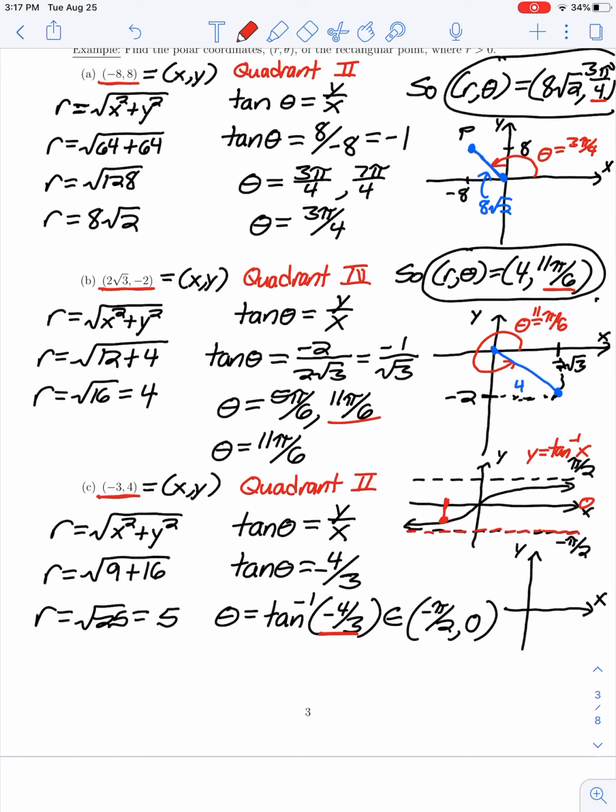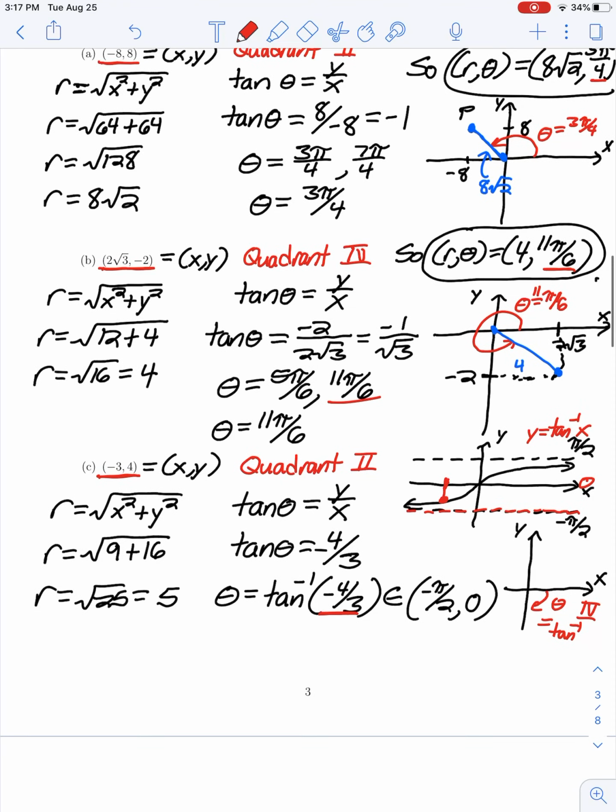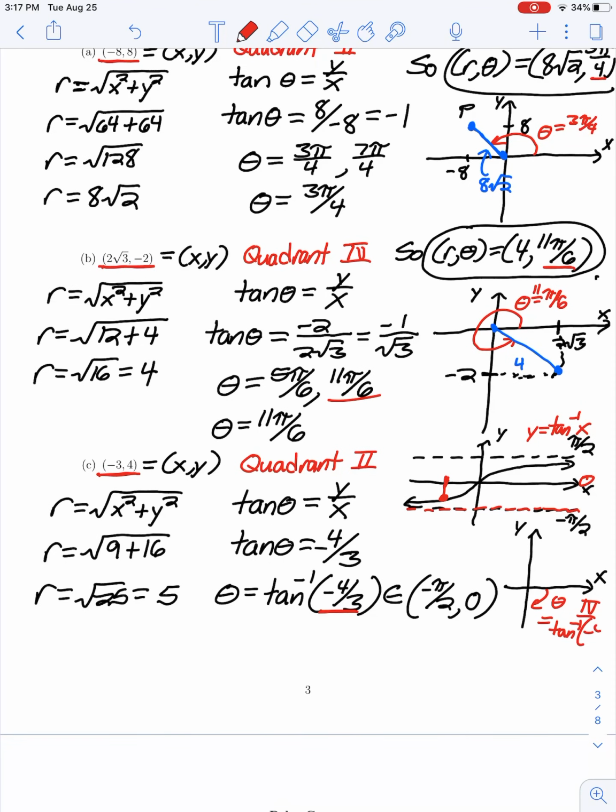So that means that I would be somewhere within this quadrant 4. So this is my theta equals arctangent of negative 4/3.